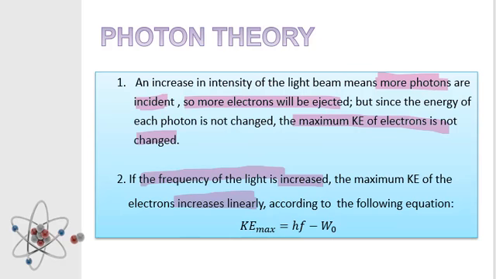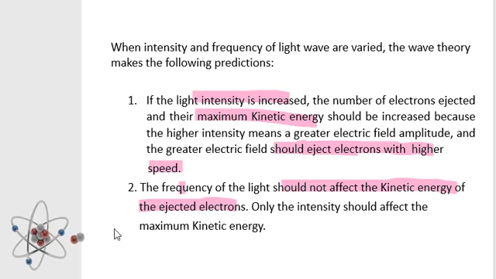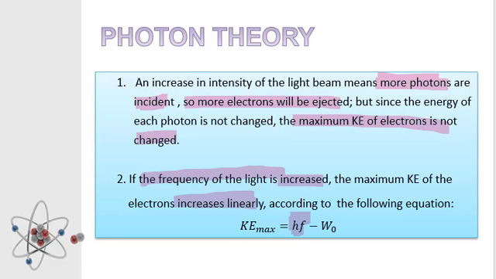So it is dependent on the frequency of light. Unlike in the wave theory, where the frequency of light should not affect the kinetic energy, in photon theory the frequency of light is the one responsible to increase the maximum kinetic energy.